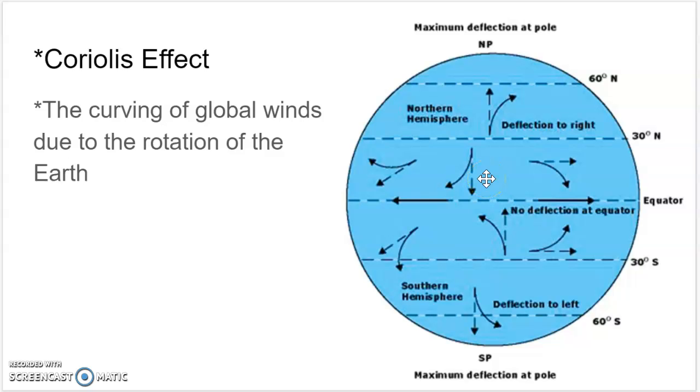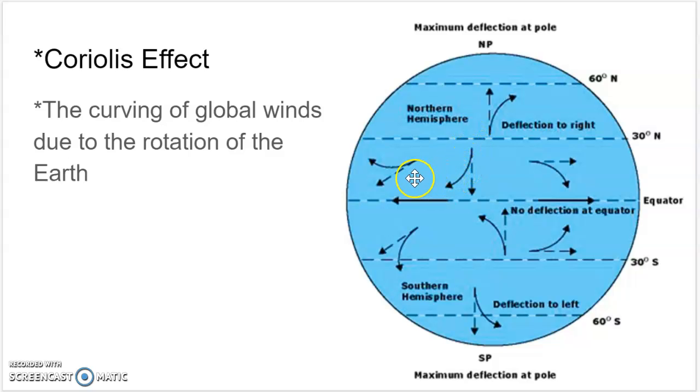But the Earth is spinning. So as it moves downwards, it actually gets pulled to the side as the Earth continues to spin past it. Likewise, if we were going in the opposite direction, again, the Earth is pulling the wind to the side because of its rotation. So because of the rotation of the Earth, the winds never go in a straight line between the equator and the poles. They always have to curve to the side.